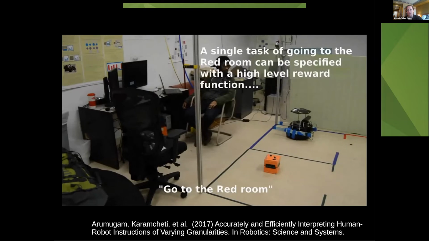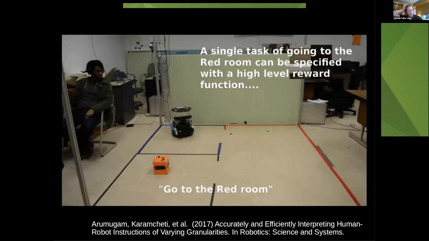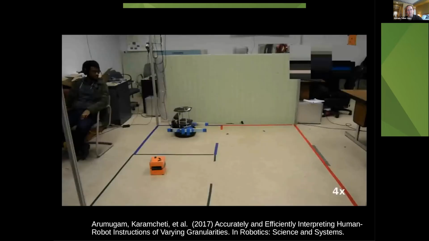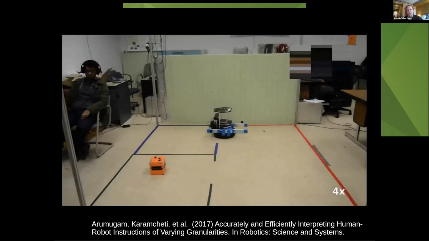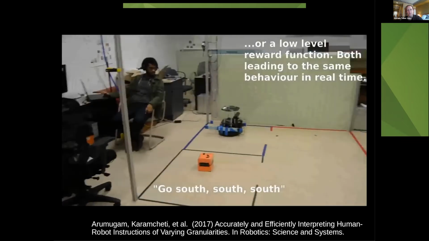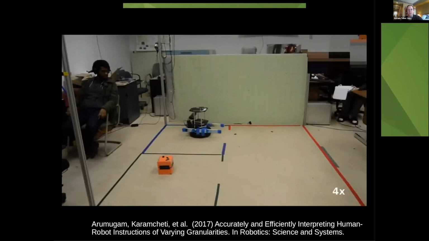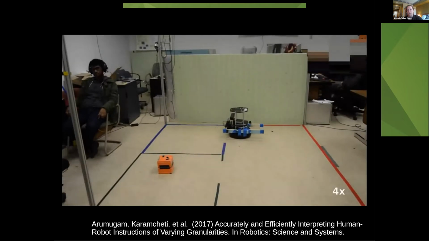The student says, go to the red room. And here the rooms are the colors of tape on the ground. And then the robot's able to follow the command. Or the person can say go south, south, south. So this is the same thing at a lower level. The same model and no changes. You're able to understand these different levels of abstraction.